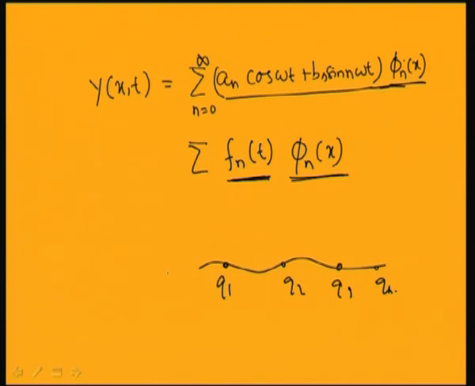In the first way, I can take these as the generalized coordinates and find the weighing function f n t. In the second case, I can take the function which satisfies only the geometric boundary conditions and find this f n t.